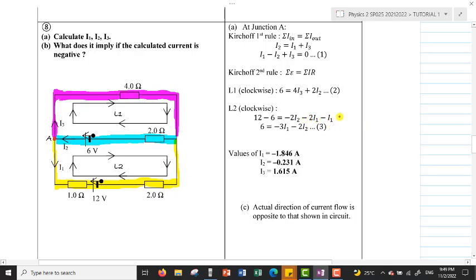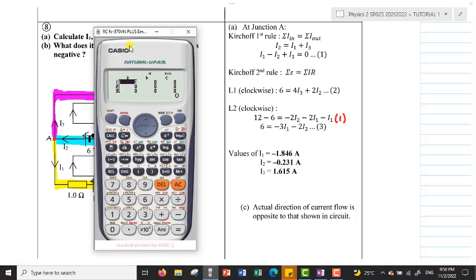Because the value of resistance is 1, so 1 multiplied by anything, you will still get the same thing, so negative I1. So 12 minus 6, you get 6. Then we have negative 3I1 minus 2I2 equal to 3. So now we already have the 3 equations. So again, you can take out your calculator. You might pause the video and key in the values to calculate I1, I2 and I3.